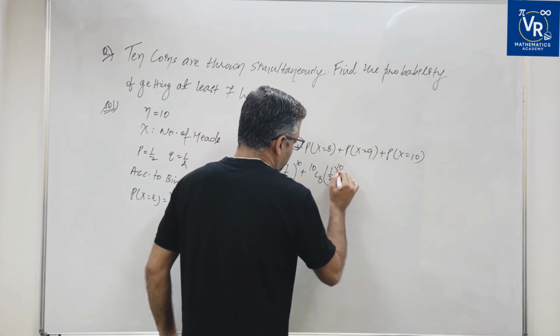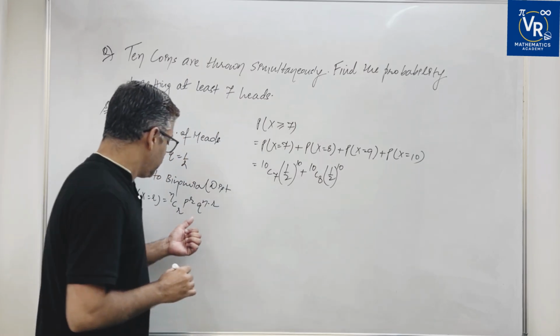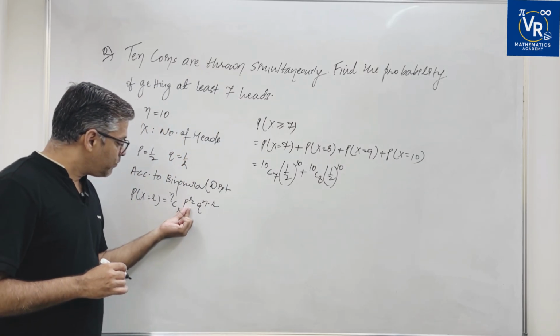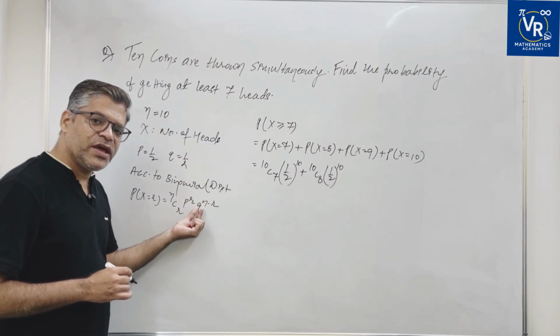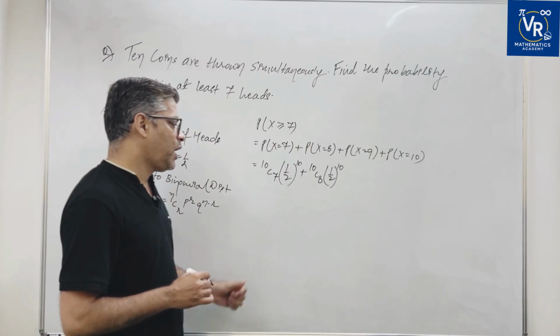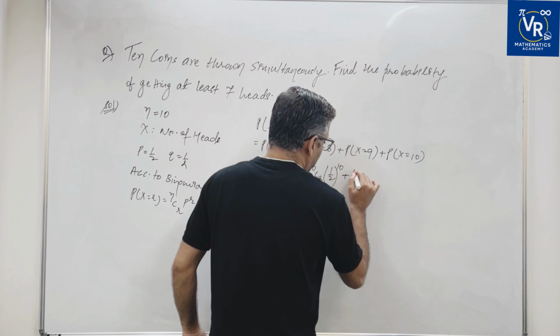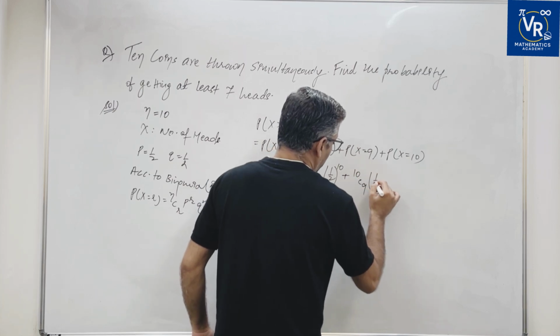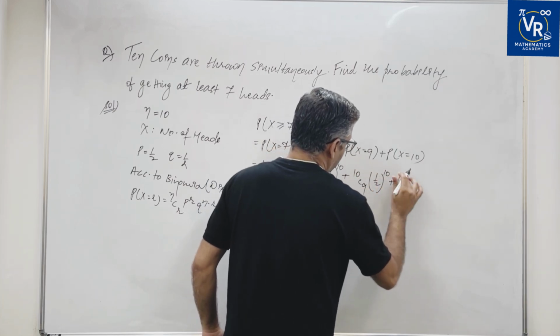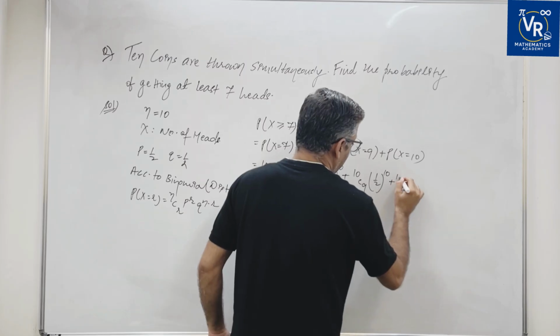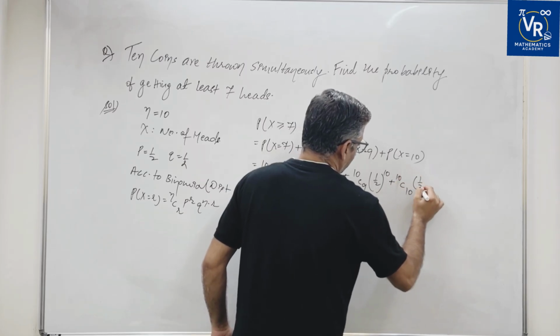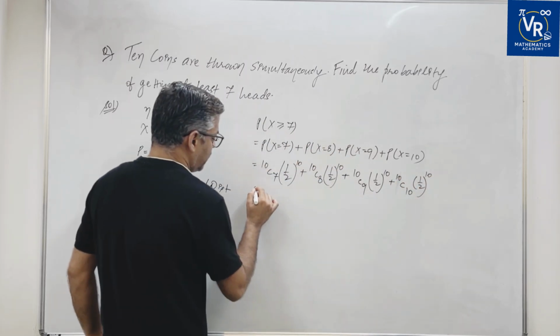The total power will be equal to 10, because you will see that the sum of the powers of p and q will be equal to small n, and here p and q are both the same. So this will be written as 10C9 times 1 by 2 raised to the power 10, and in the last we can write 10C10 times 1 by 2 raised to the power 10.